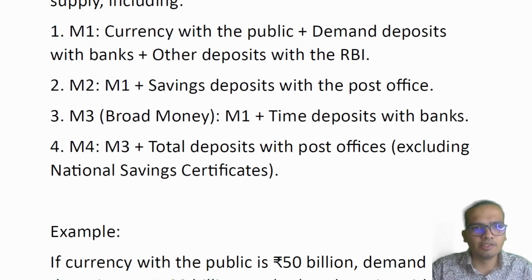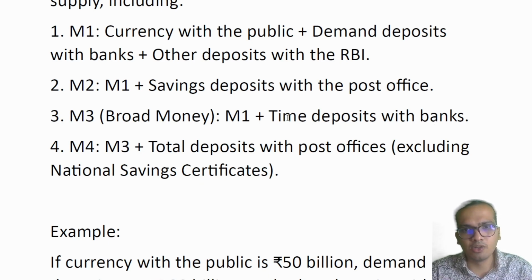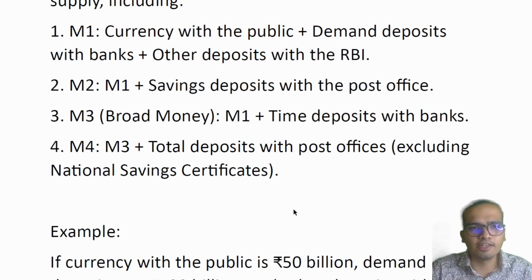Then M3, that is broad money. We earlier discussed broad money. So broad money equals M1 plus time deposits with banks. Kindly note this: earlier it was savings deposits, here it is time deposits. And lastly M4, which is nothing but M3 plus total deposits with the post office, excluding national savings certificates.